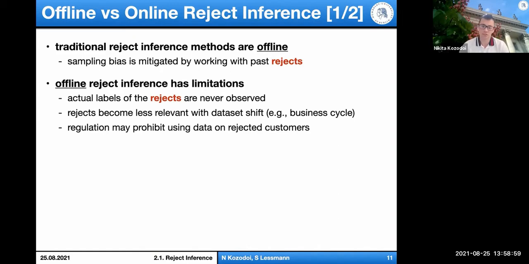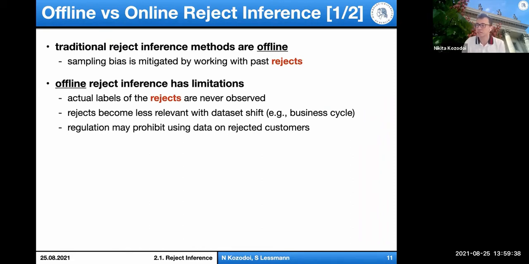This is a limitation of these traditional reject inference techniques, but there are others as well. For example, due to this time delay between the moment where we have the rejected cases and today, if the data experiences a certain data set shift, like due to the business cycle or due to other external events like the pandemic crisis and many other examples, it may be that the rejected cases we work with are not that relevant anymore for the target population of borrowers which will come asking for a loan in the next months.